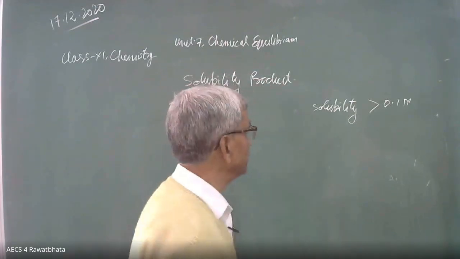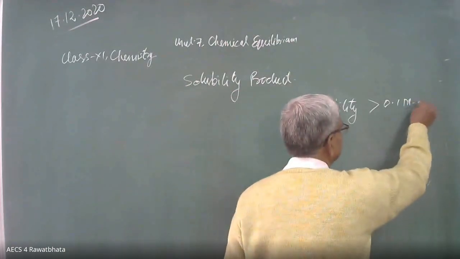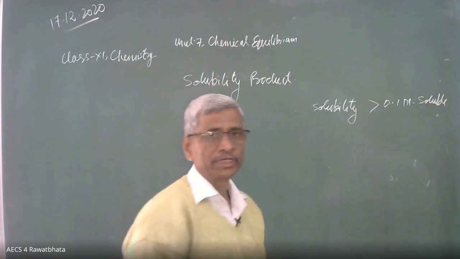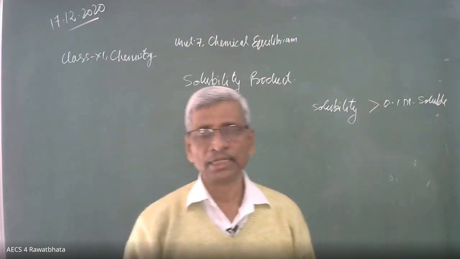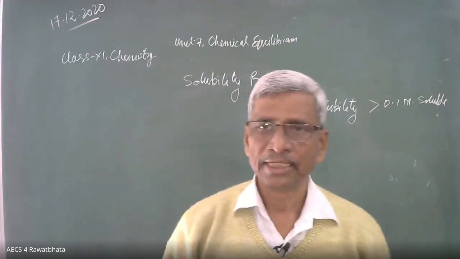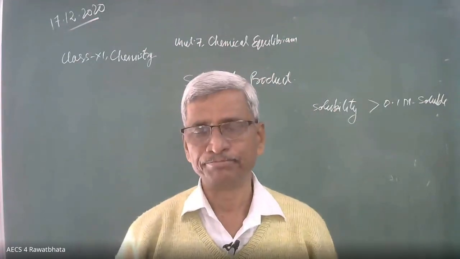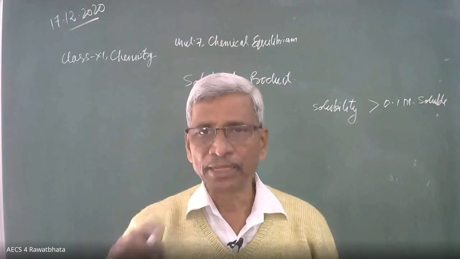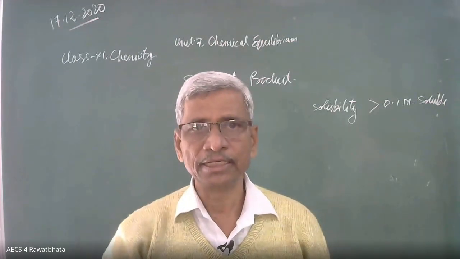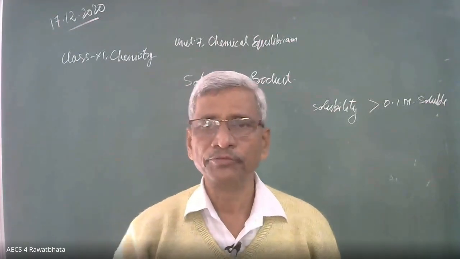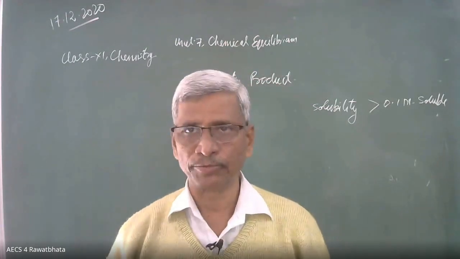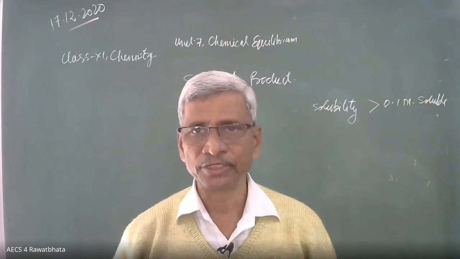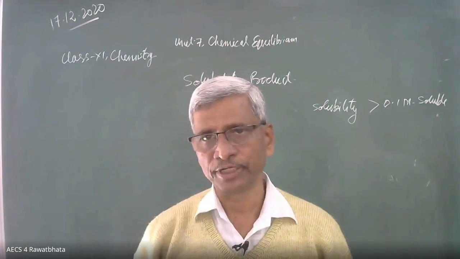That is the limit. Like common salt, its molar mass is 58.5, so 0.1 M means 5.85 grams. If 5.85 grams of NaCl dissolves in 1 liter of water, we say this compound is water soluble. The solubility of common salt is much more than that, so it is fairly soluble in water.